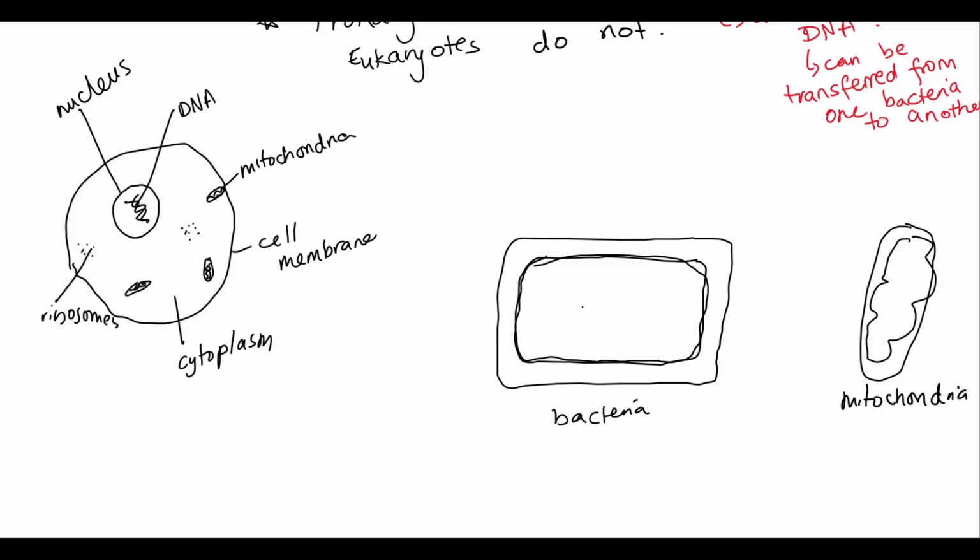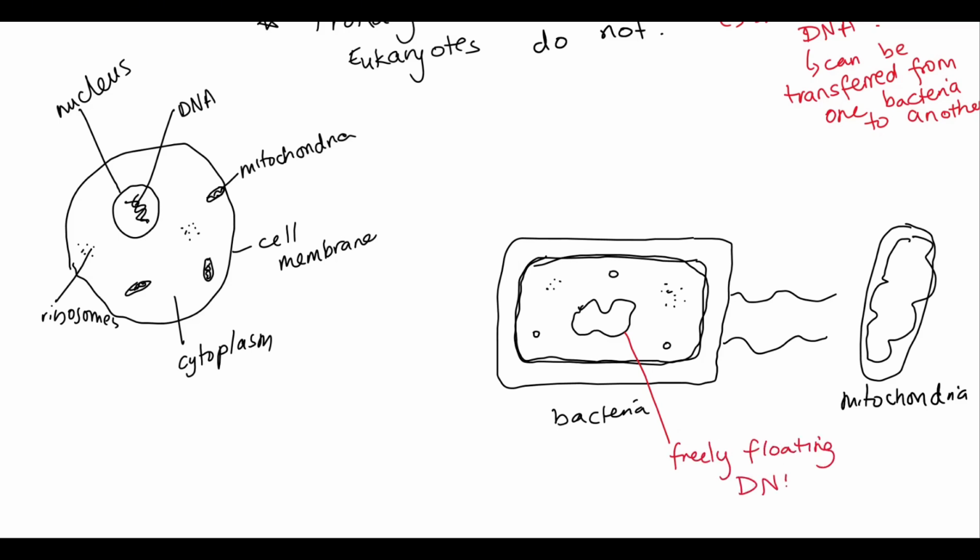You don't have any nucleus. Instead, the DNA is a single loop just in the cytoplasm, freely floating. It's got really small ribosomes in it, and these small rings of DNA. We also tend to find that bacteria has these flagella, which are just tails. So freely floating DNA. So no nucleus. That's one of our differences that we talked about.